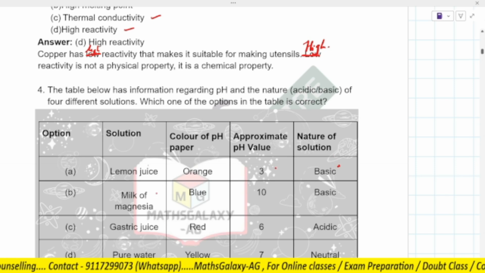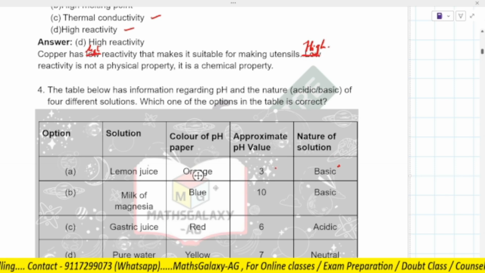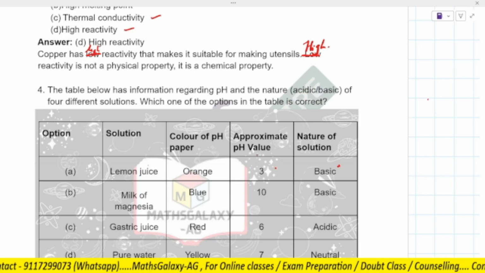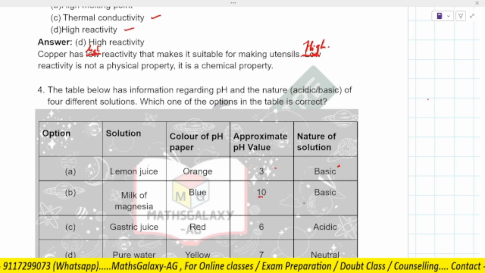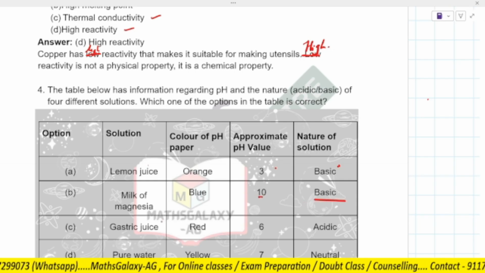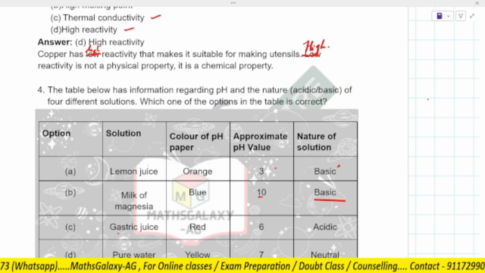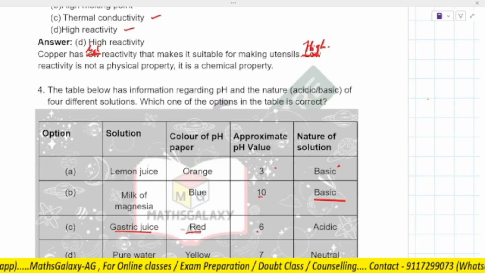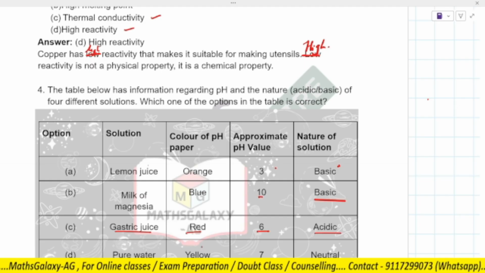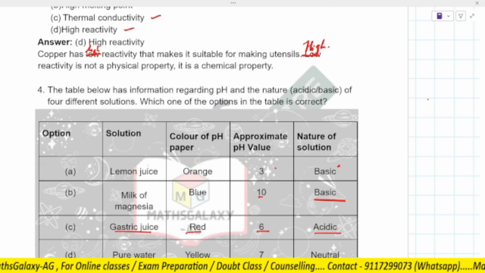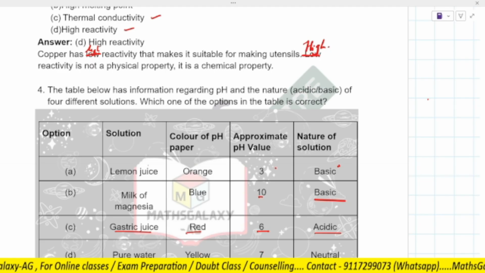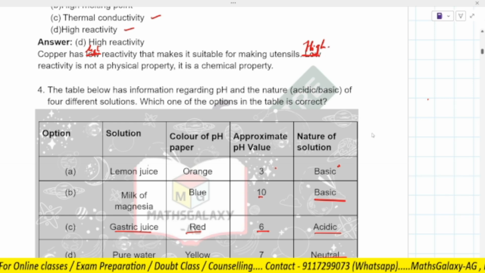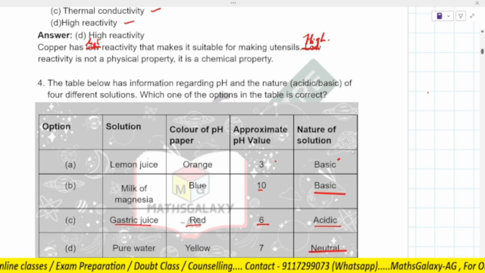Then milk of magnesia: pH paper turns blue, pH value approximately 10, nature of solution base. After that, gastric juice: litmus paper turns red, pH 6, acidic. Pure water: yellow, pH 7, neutral. So which one of the options in the table is correct?